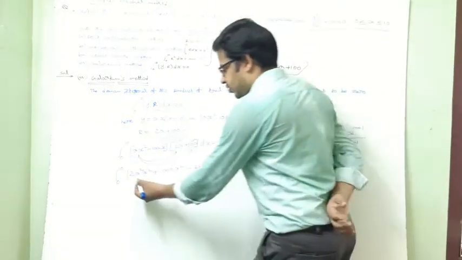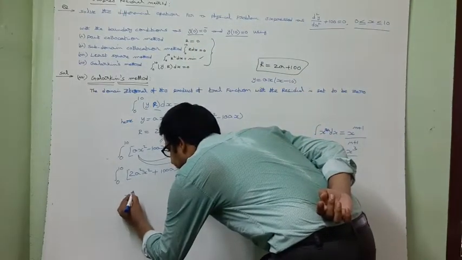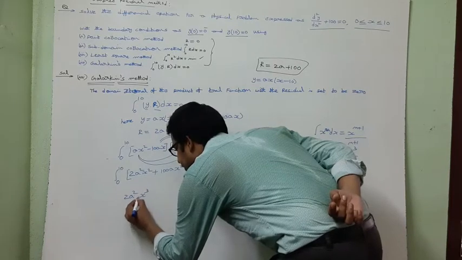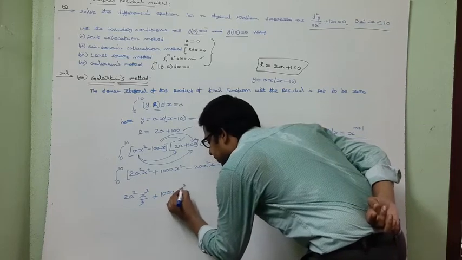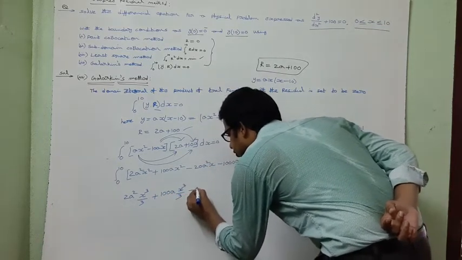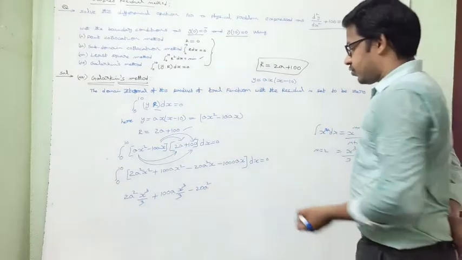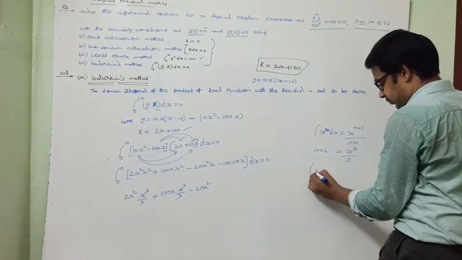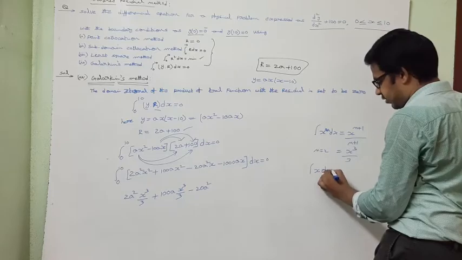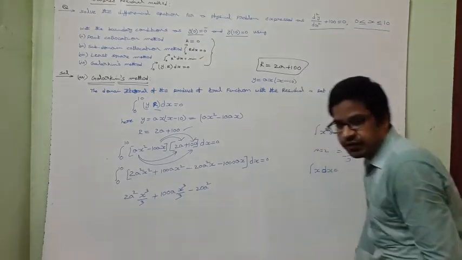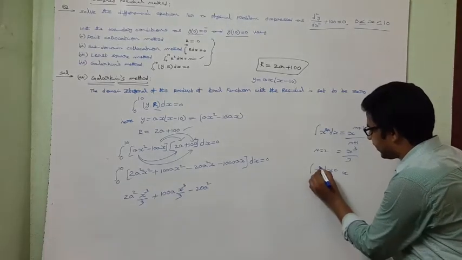So 2a square x cube by 3 plus 100a x cube by 3 minus 20a square, and the integral of x dx, where n equals 1.